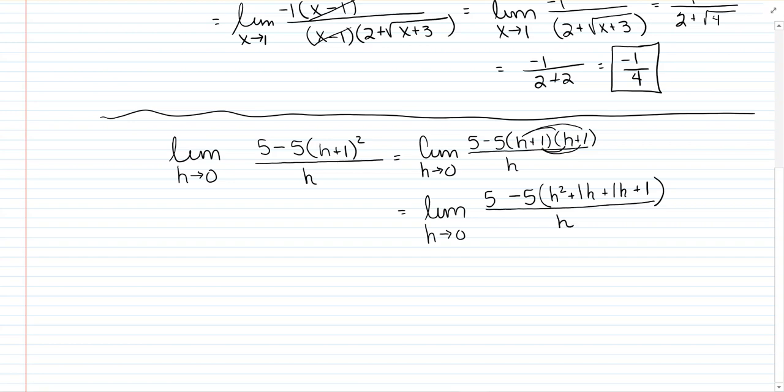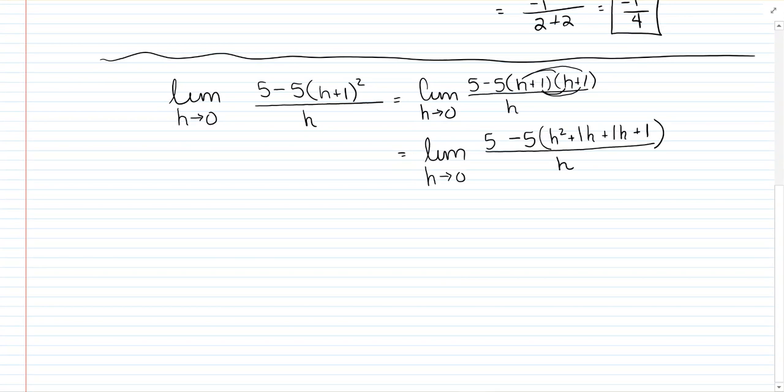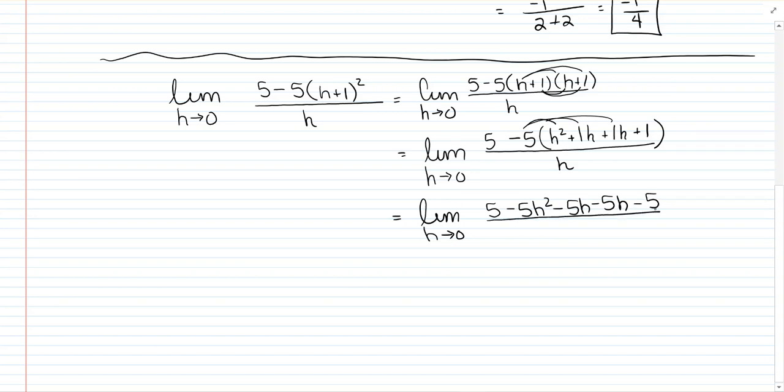All right. Distribute the negative 5 all the way through, and we'll see what we end up with here. So I still have the 5 minus 5h squared minus 5h minus 5h, negative 5 times 1, negative 5 over h.